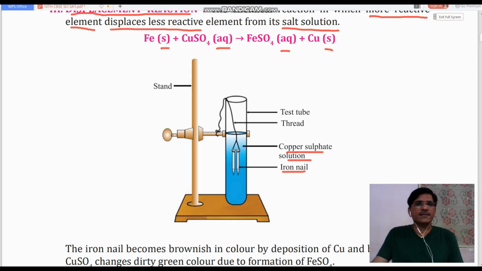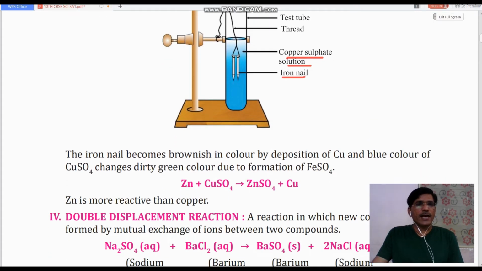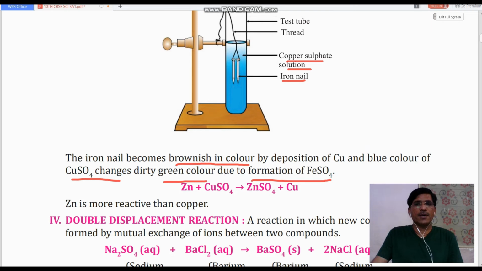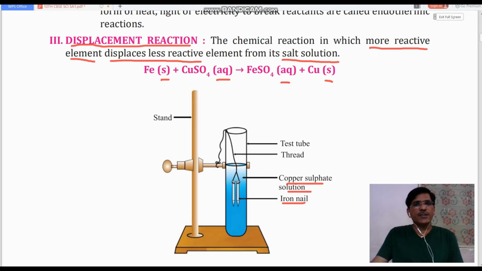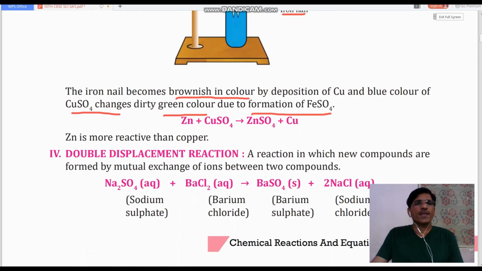In the test tube, when the reaction starts, we see that the iron nail becomes brownish in color by deposition of copper, and the blue color of copper sulfate changes into green color due to the formation of FeSO4. Clear, everyone or not?